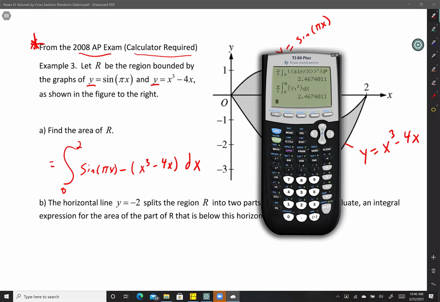There it is. I'm going to clear it. So I'm going to push math 9, 0 to 2, and I'm going to go alpha trace y1 minus alpha trace y2.